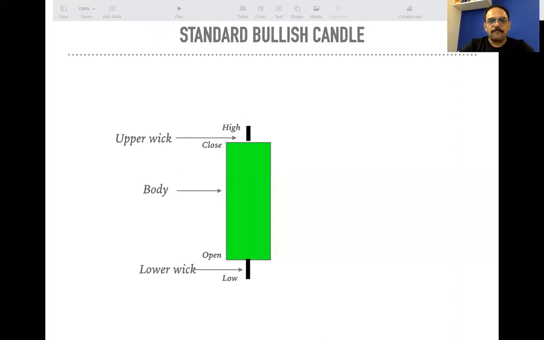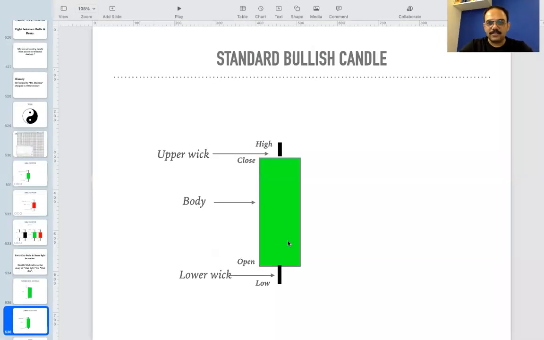When you have this type of candle, it opened, it went down, so bears started pulling it down, then bulls took over, they took it to a high. If you see this story, it opened here, bears started pulling it down so it went to the low, then bulls started pulling it up till the highest point, then again bears started pulling it down.